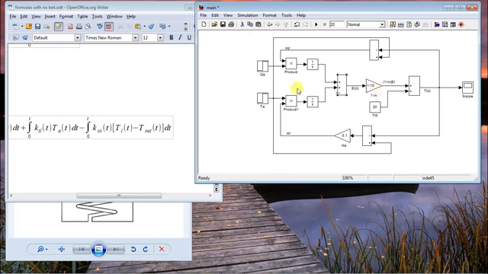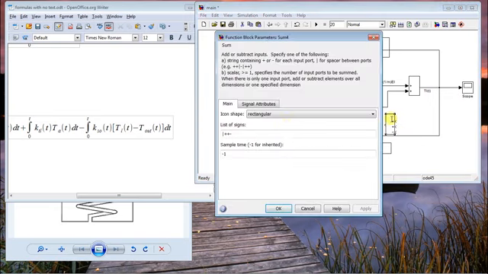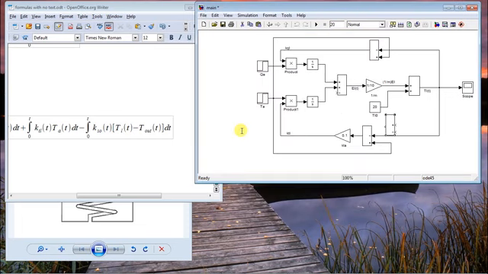So we need to get the difference between the liquid temperature and the outside temperature, and for this I'm going to use a sum block again. The plus and the minus.